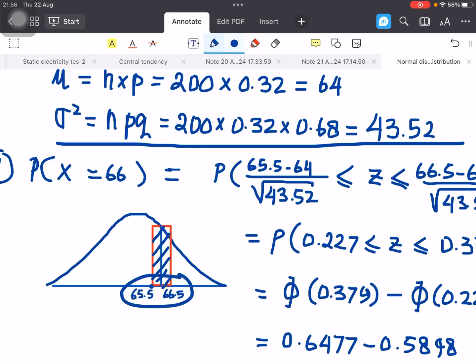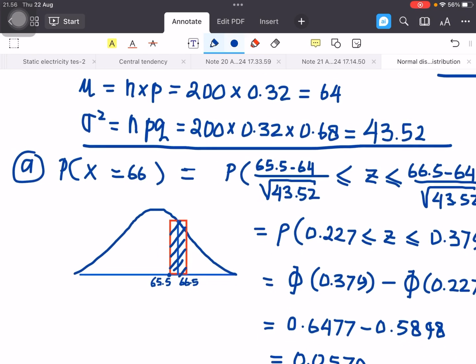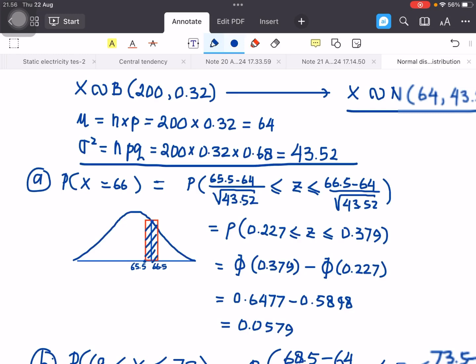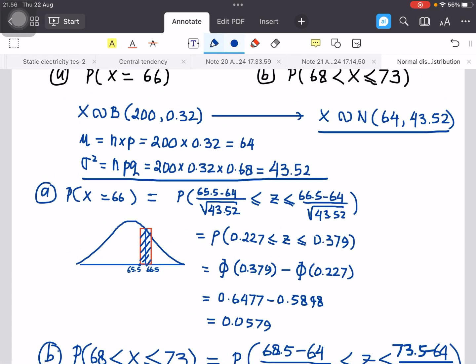These two values are to be used to find the value of z. So the value of z ranges from (65.5 minus 64) divided by square root of 43.52 up to (66.5 minus 64) divided by square root of 43.52. So these are the range values of Z.